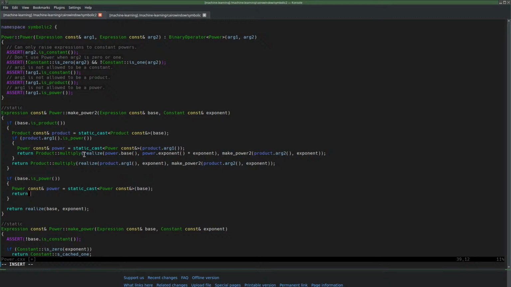It's this one. It's the base of the base.